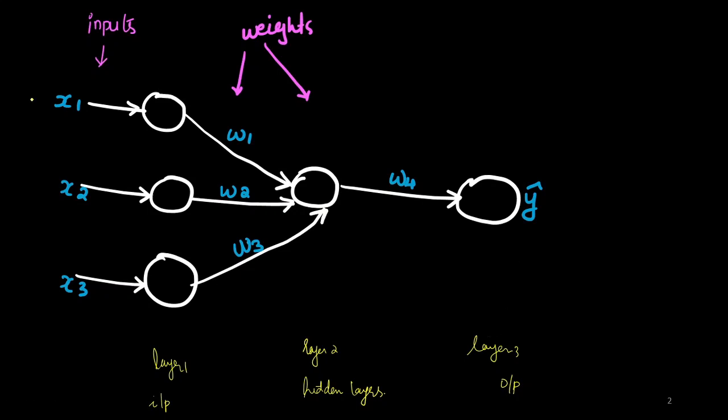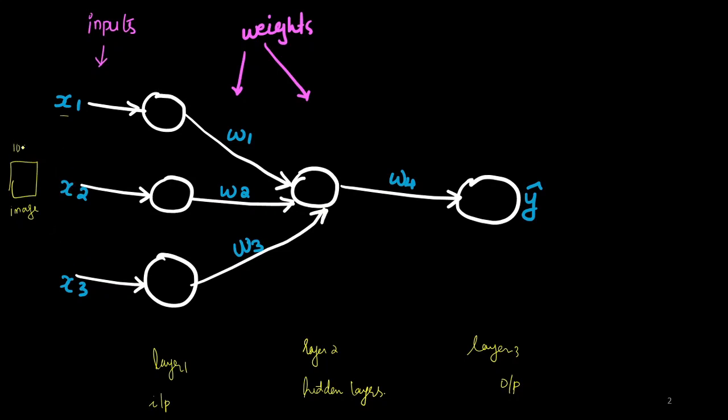For example, suppose we give an image to the neural network. Then x1, x2, x3 will be the pixel values of the image.